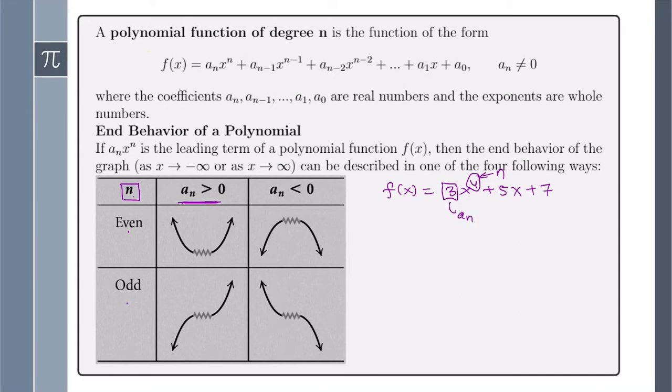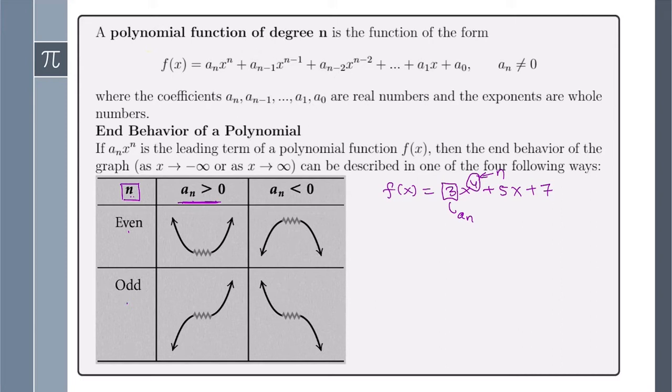So this says that if n is even and the leading coefficient is positive, the graph of the function looks like this. That means the end behavior is heading towards infinity.